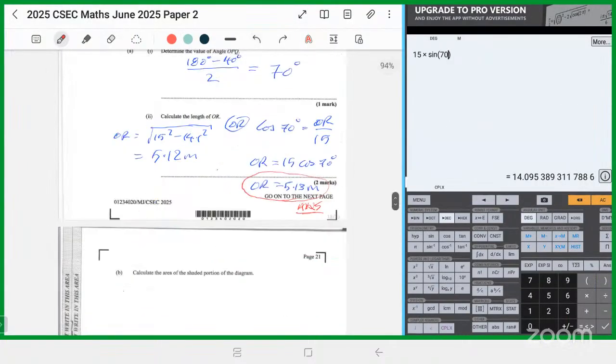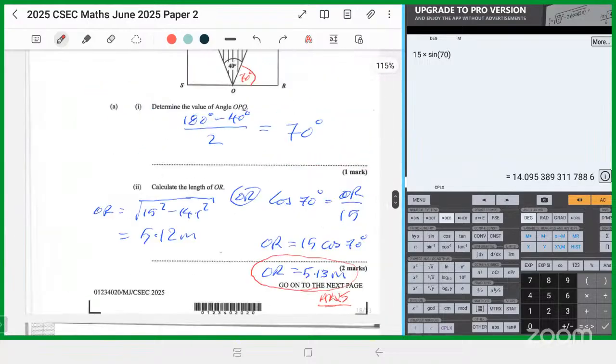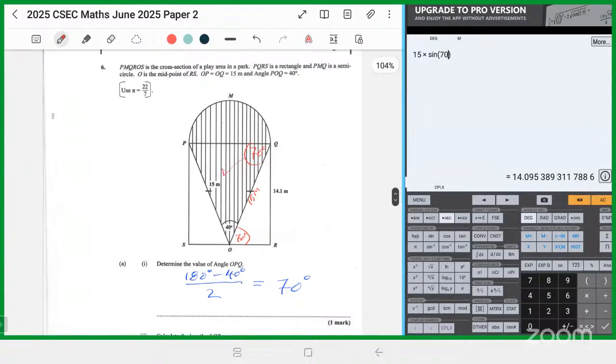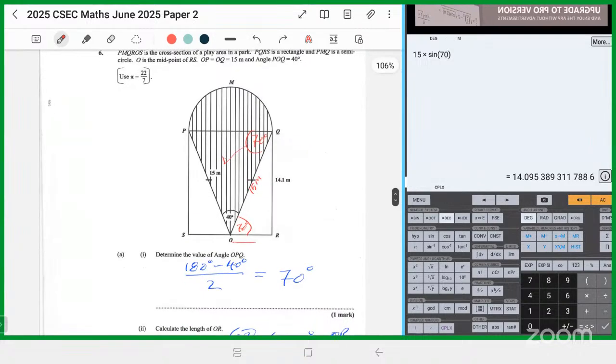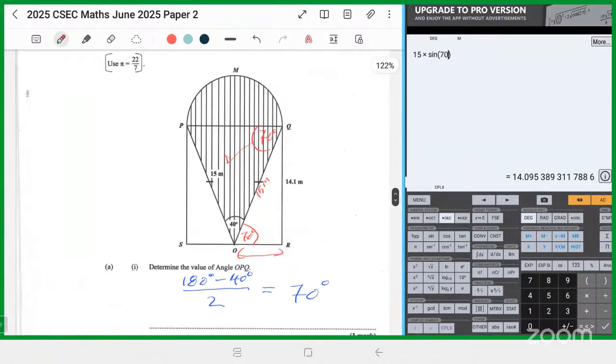So let's continue. It says calculate the area of the shaded portion of the diagram. The area shaded is this triangle across the circle, the semicircle. This distance that we just calculated a while ago is the radius of the circle.